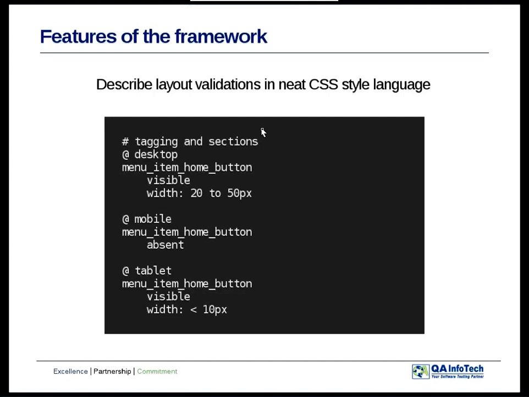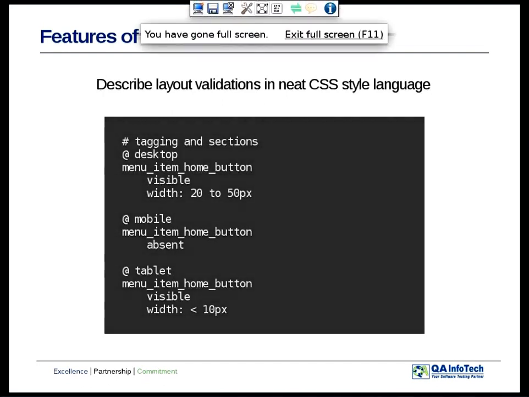I can have my spec file laid out for all these differences in layout, and then at runtime, I can pass the correct tag to the test according to whether I'm testing on a mobile device or on desktop, and the tool would automatically pick the right section inside the spec file and perform the validation accordingly. I just hope that answers that question.